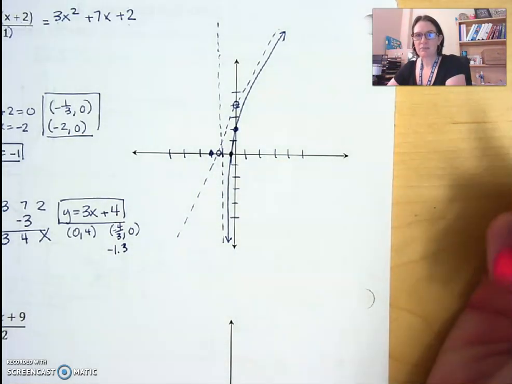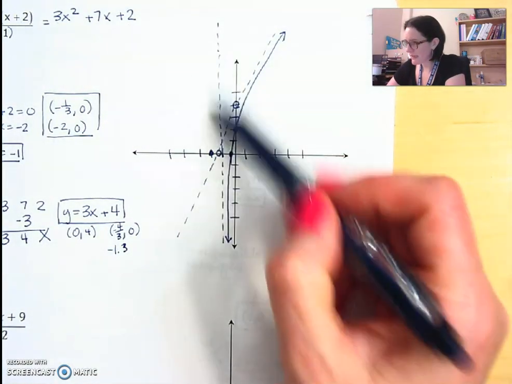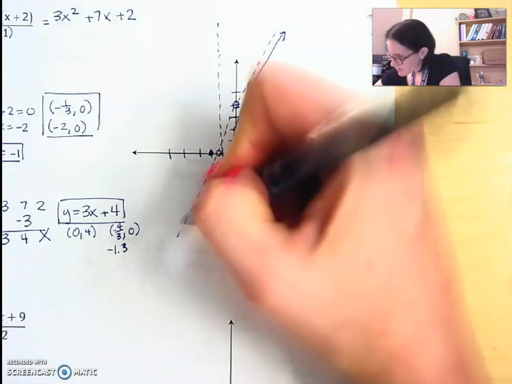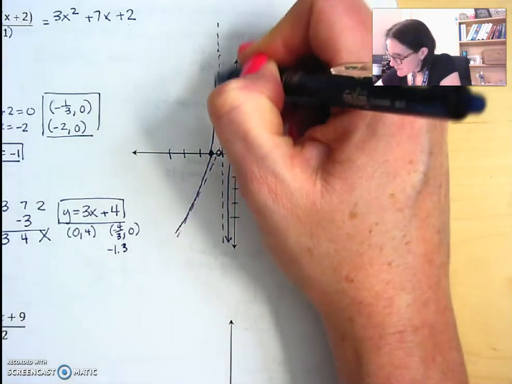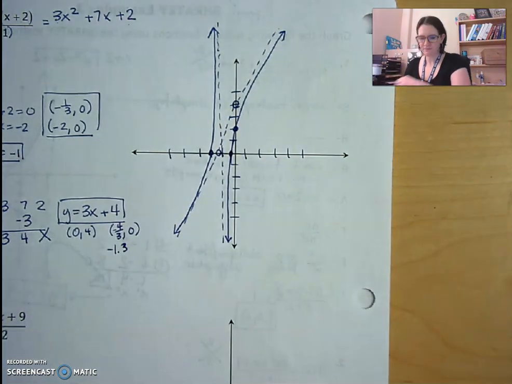And then the mirrored part is going to be between these two. And I happen to already have a root right there, an x-intercept. So I'm just going to draw this through here. And there you go.